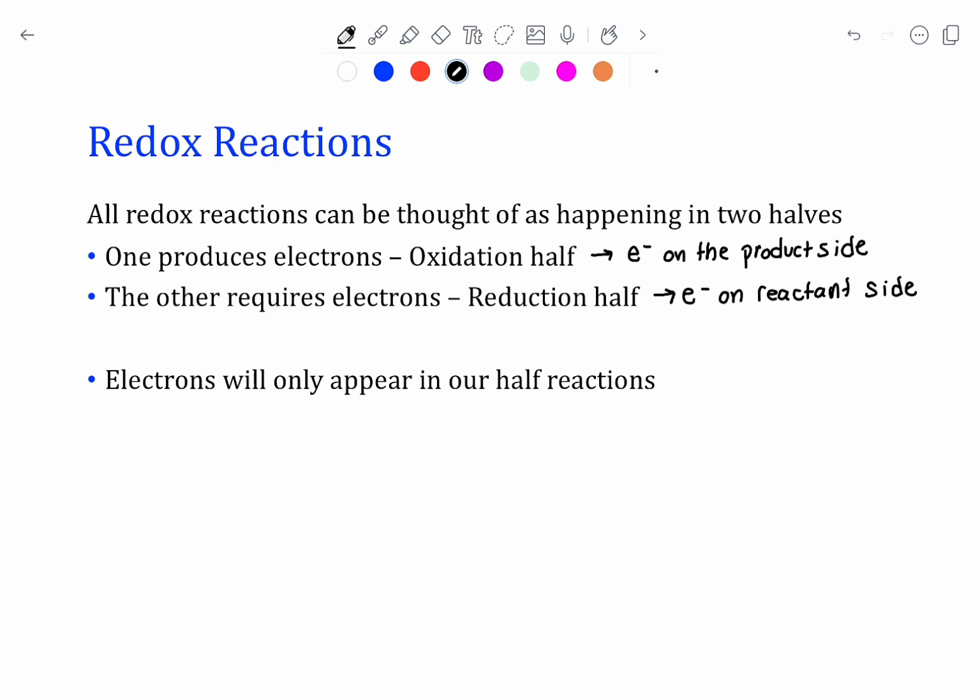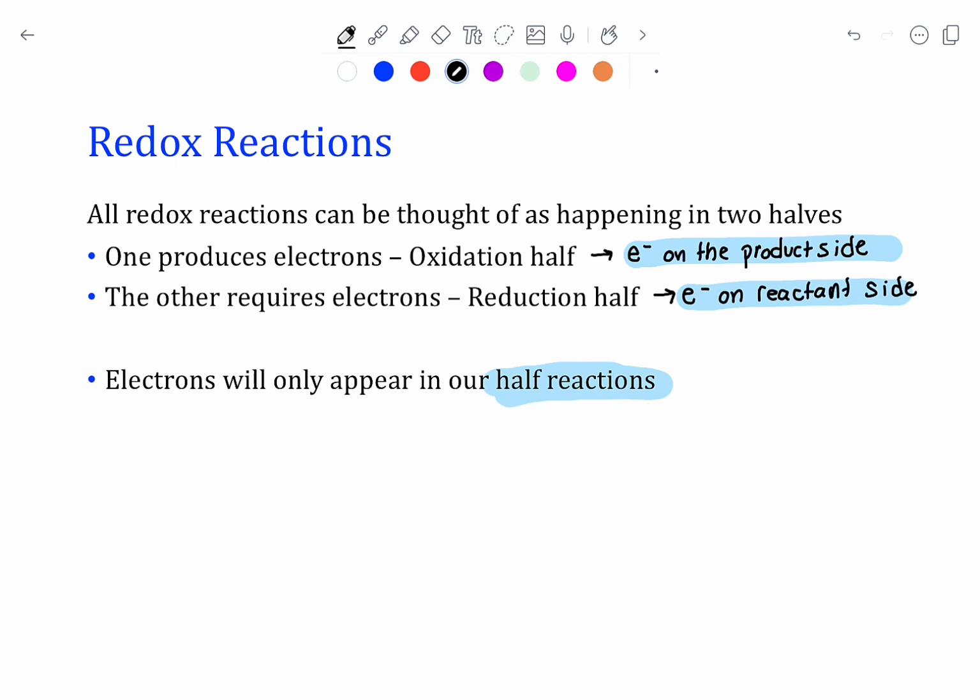Now when we're talking about these halves, we're going to show each reaction, the oxidation and the reduction half, in half reactions, which we've talked about previously in General Chemistry 1. The electrons that we talk about being on the reactant side and the product side are only going to occur in those individual half reactions.